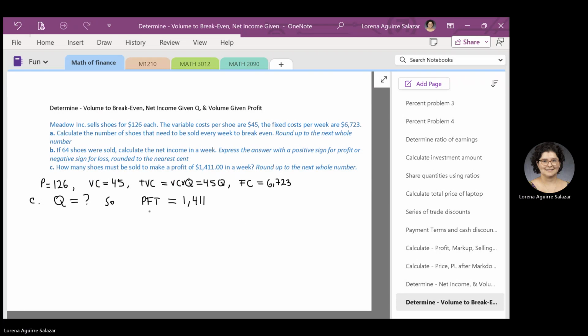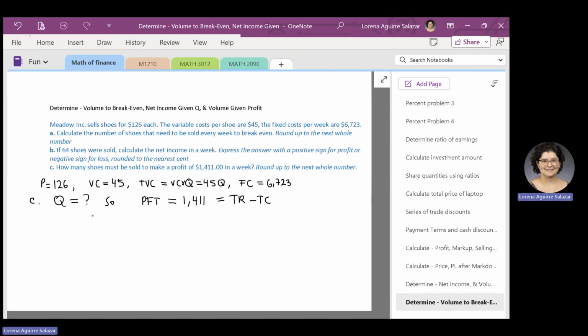Okay, we're looking for Q, so we will solve for Q. And once again, we use the formula for profit. Remember that profit is total revenue earned, take away total costs incurred in the business. So we want to make total revenue minus total costs equal to $1,411.